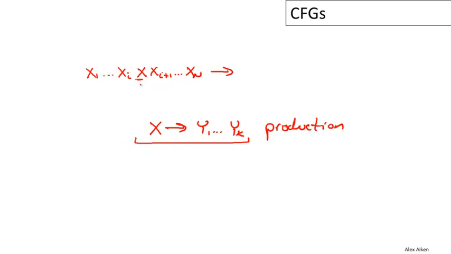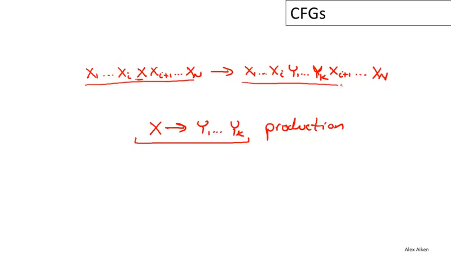And we can use that production to take a step to a new state where we have replaced X by the right-hand side of the production. Okay, so this is one step of a context-free derivation.